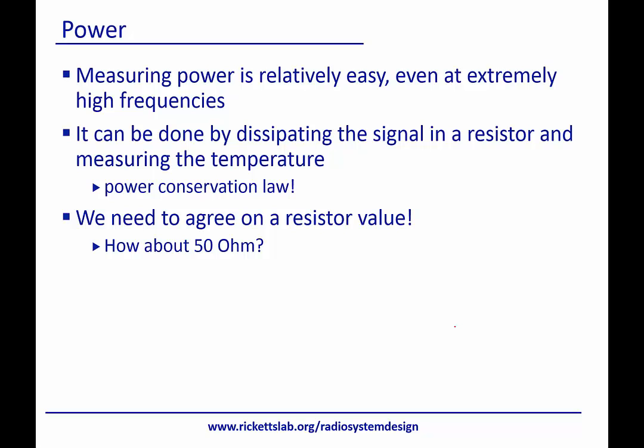And when I say 75 ohms, it's the characteristic impedance of the coaxial cable, which is a transmission line. We'll talk about that later. The reason I mention it now is, do we use 30? Do we use 70? It turns out 50 is a nice approximation between the best power and the best voltage. And that's generally why we have settled on 50 ohms as a standard for transmission lines.